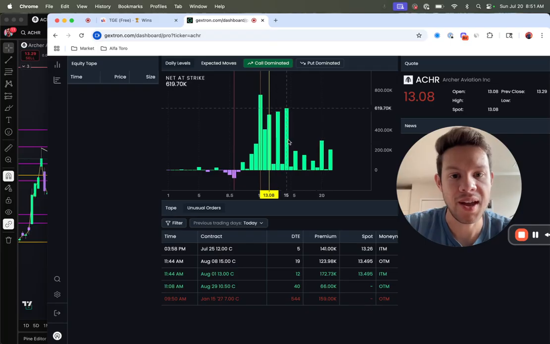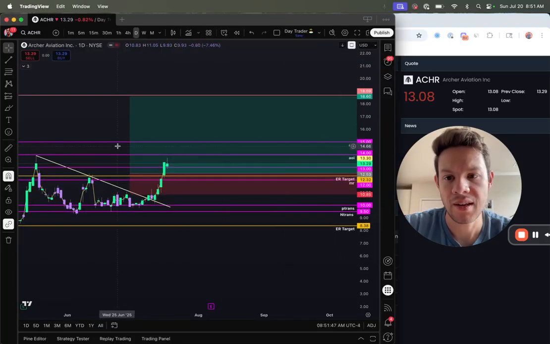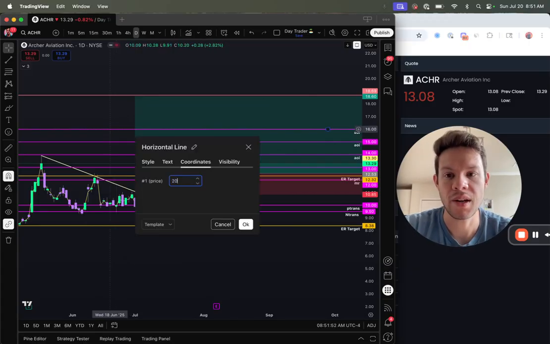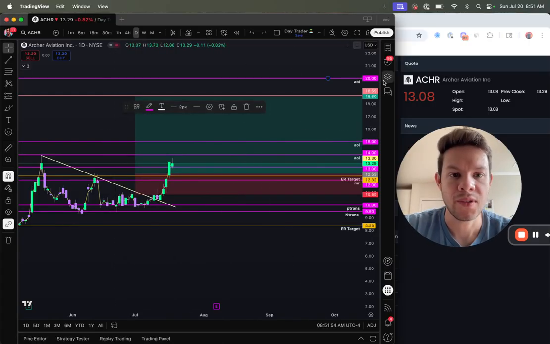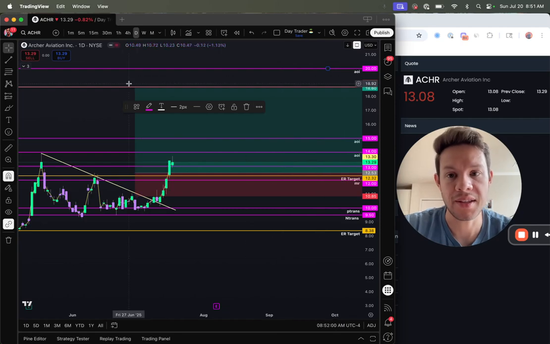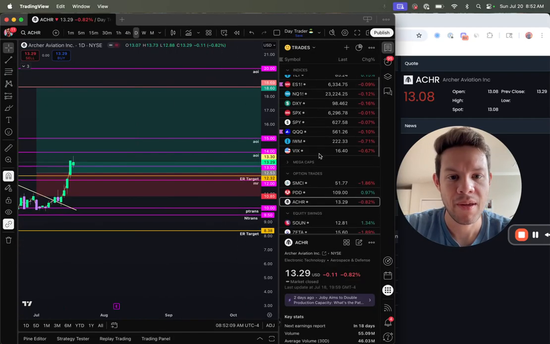And here you can see it fades off after 15, so potentially even 20. I'm just going to mark 20 here as an area of interest. So we have 20, 15, 14. If we clear 15, we can see a nice little shot to 20. That's kind of how I'm seeing this at the moment, and that's pretty much my selling zone right there. Okay, that's ACHR. Now let's go to another one.